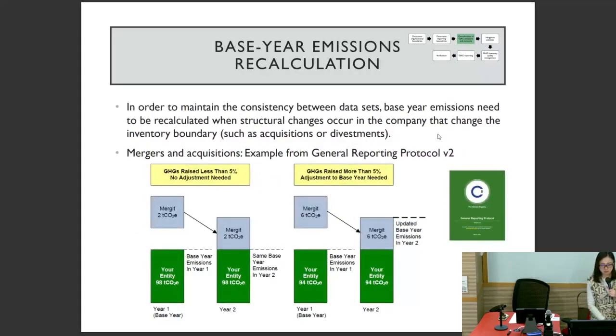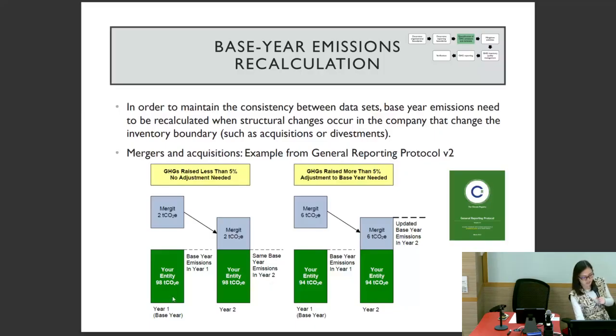In order to maintain consistency between data sets, base year emissions need to be recalculated when structural changes occur in the company that change the inventory boundary, the organizational boundary. For example, when there is an acquisition or divestment. So this is an example extracted from the GHG Reporting Protocol.